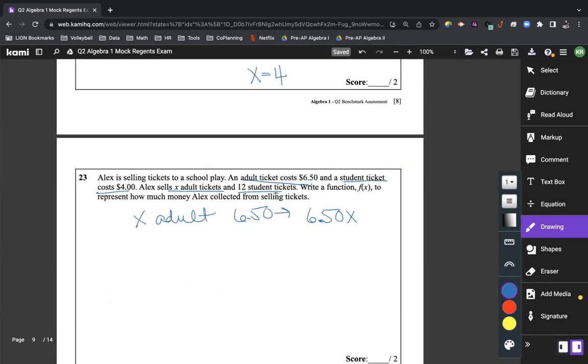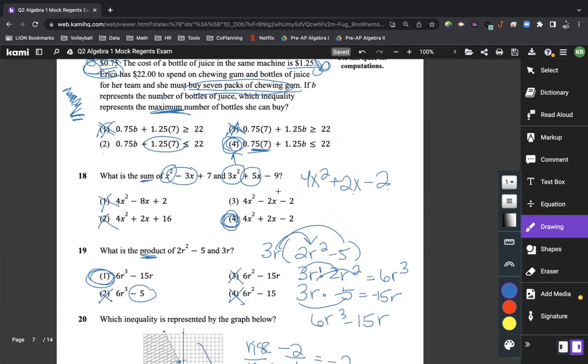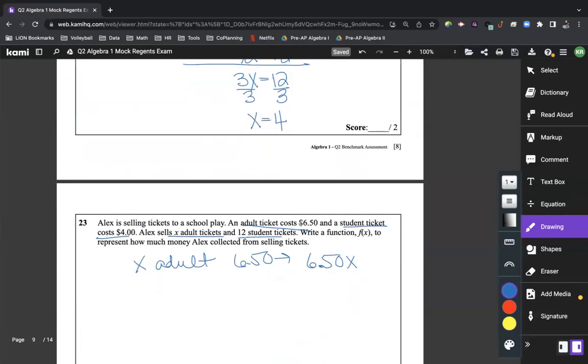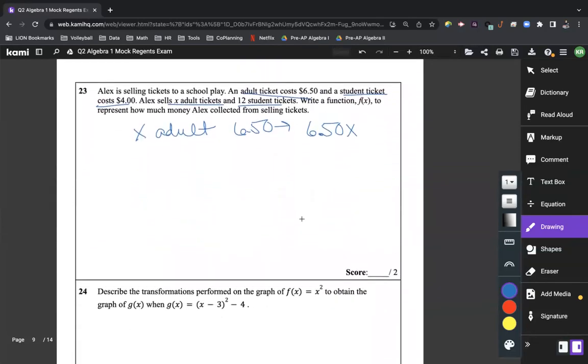And I'm channeling that multiple choice question, like this one, number 17, right? We got the variable for both, but then we knew that we had to substitute one in. So our hope was that you kind of remembered that question while completing this one. She sells x adult tickets and 12 student tickets. So student tickets cost $4.